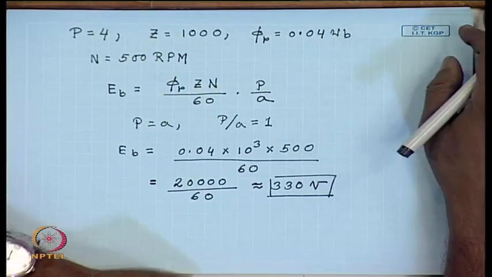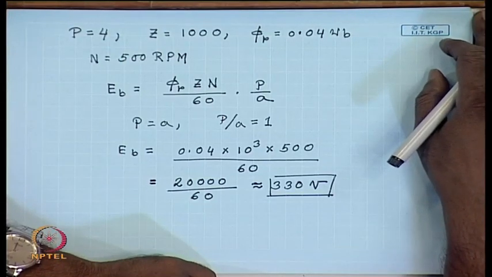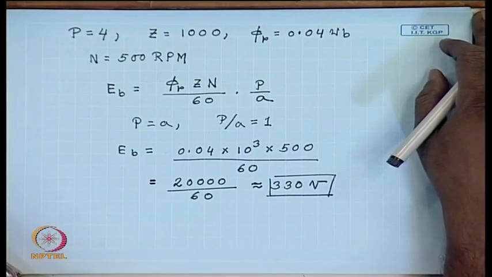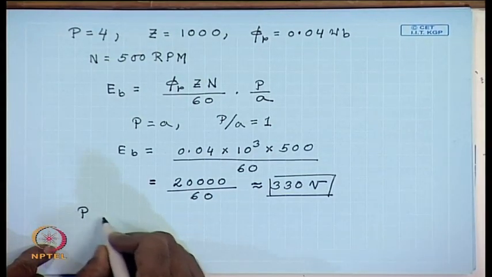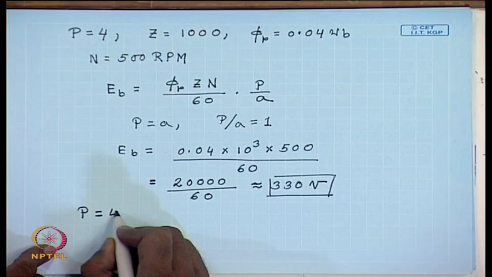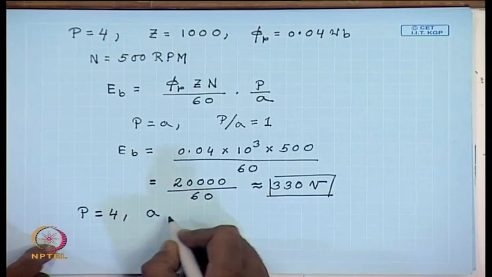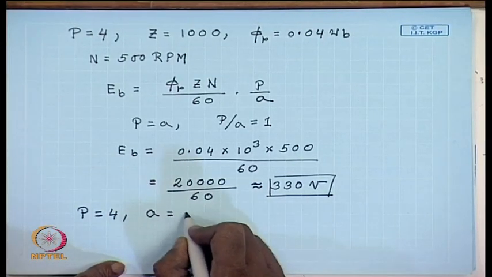Now, if the same armature is rewound as a wave winding, 2 circuit wave winding, in which case the poles will remain the same number, that is 4, but now for the wave connection A will become equal to 2.